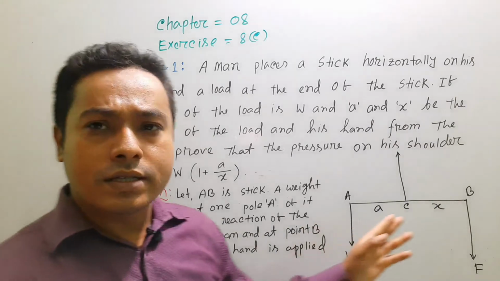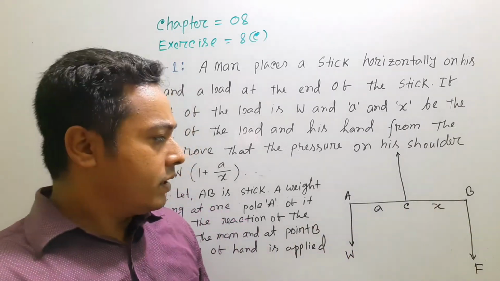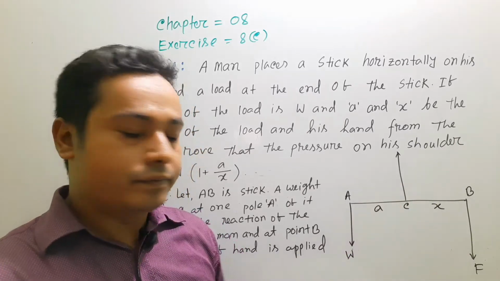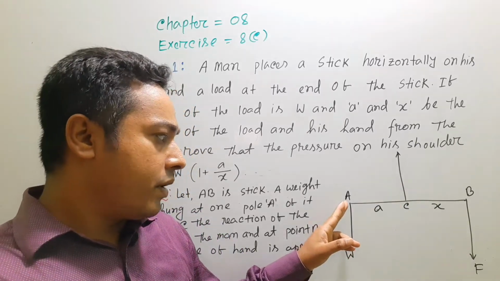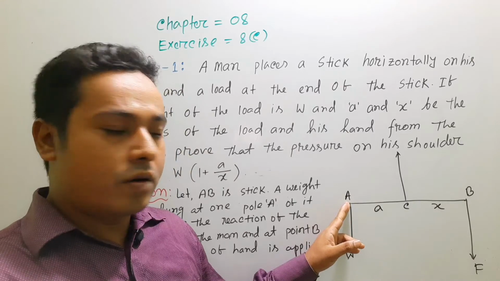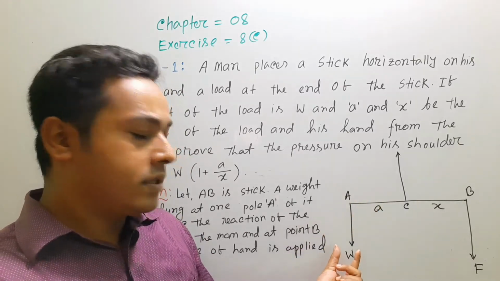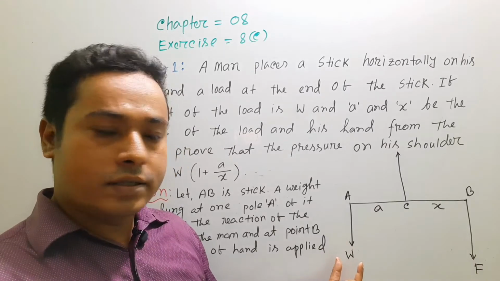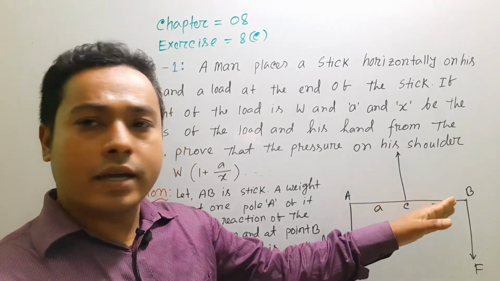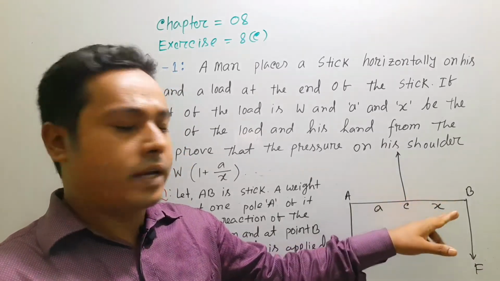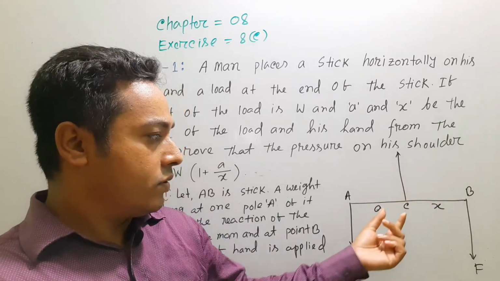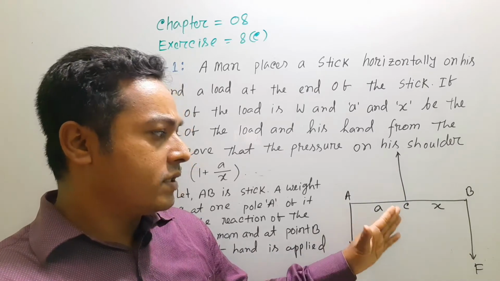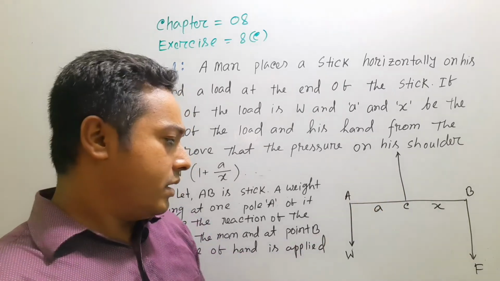Just consider AB is the length of the stick. It is placed on the shoulder at a point C, and at point A of the stick a weight W is hung, and on the other side the hand pressure is applied at point B. So at point C the reaction of the two forces will be applied.